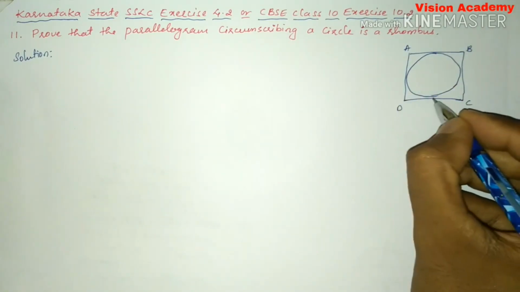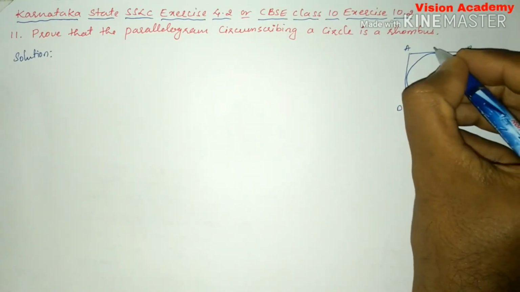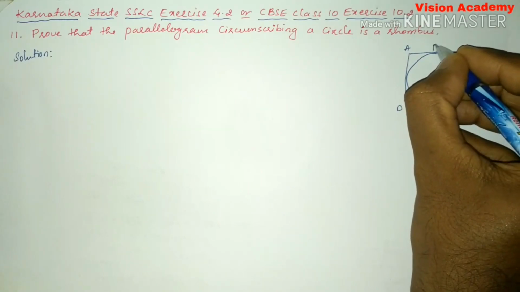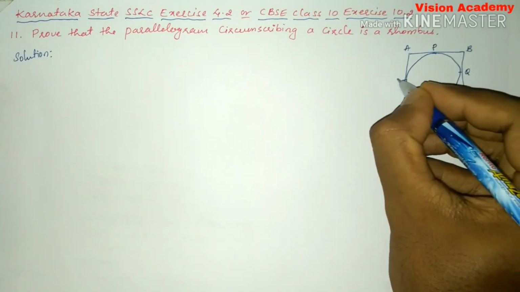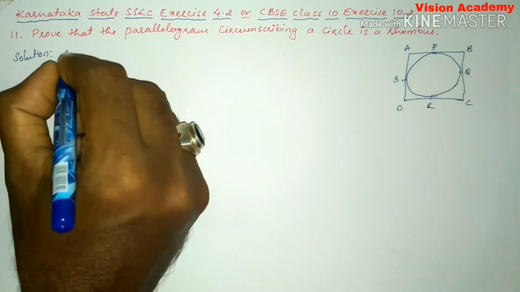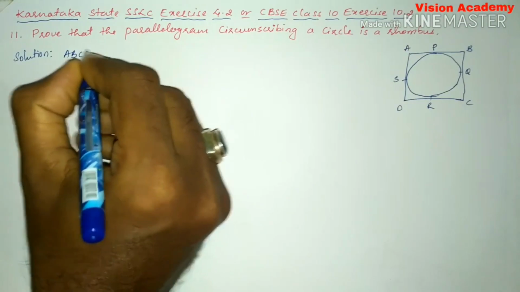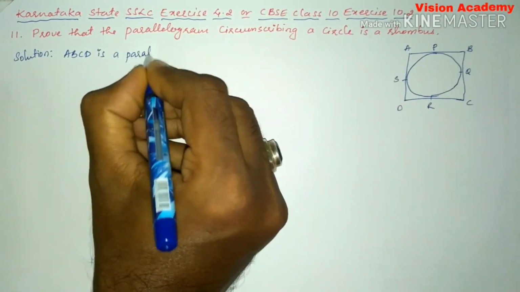ABCD is a parallelogram and it is circumscribed with a circle which is touching at P, Q, R and S. Here we can write ABCD is a parallelogram.